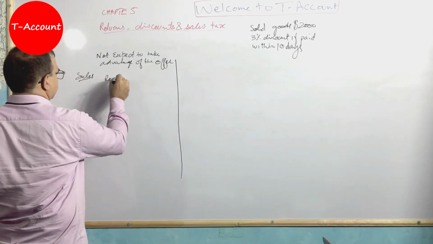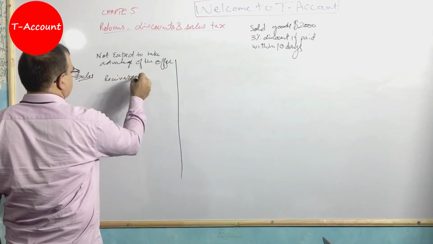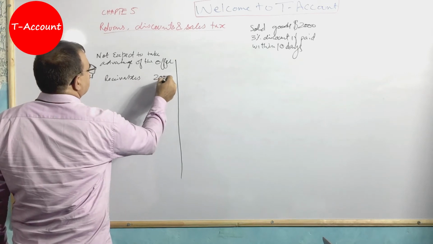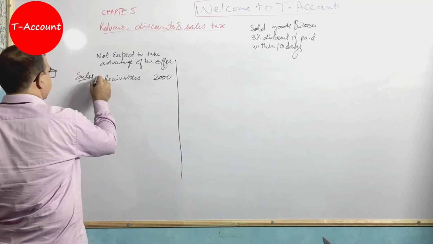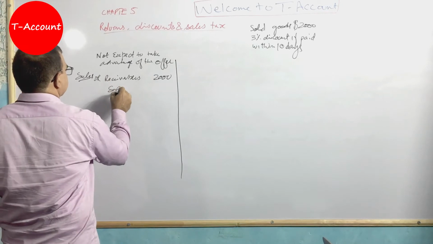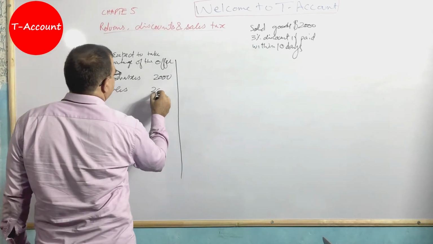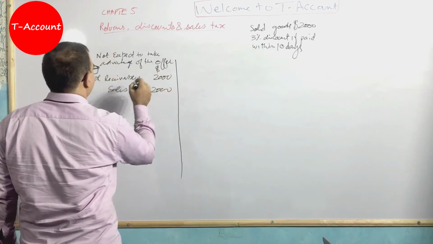Receivables $2,000 debit, and sales. So you booked sales on the full value of the products.